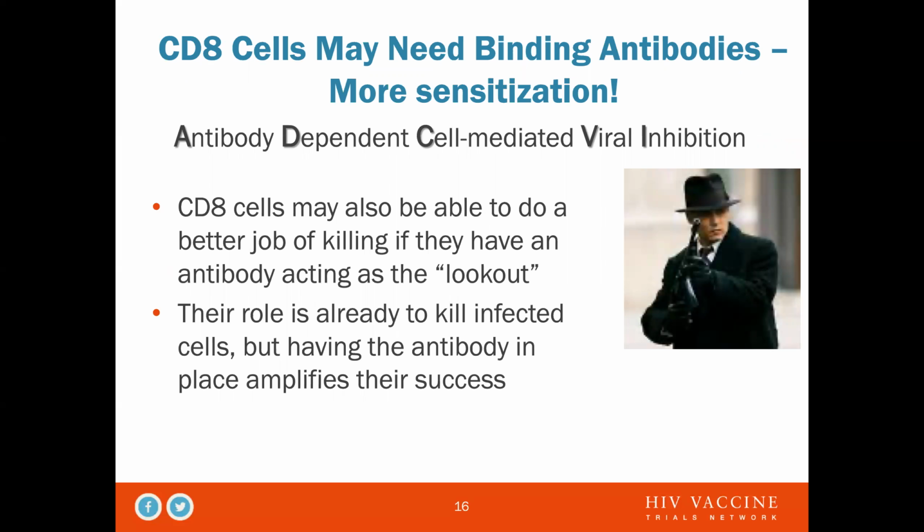The CD8 T cells are already programmed to work as the killers, but scientists are learning that they may also work more effectively if they see a binding antibody. Another example of how T cells work is called ADCVI, or antibody-dependent cell-mediated viral inhibition. Similar to ADCC that I explained a few minutes ago, having the antibody bound to HIV can also serve as a lookout or flag that helps the CD8 killers work better, making them even more successful killers.